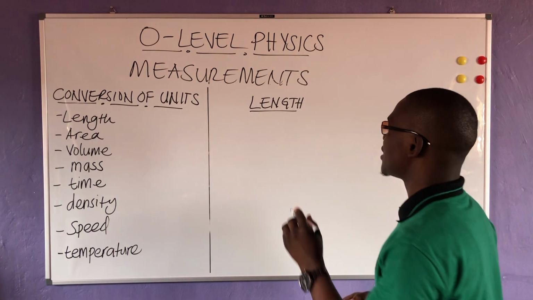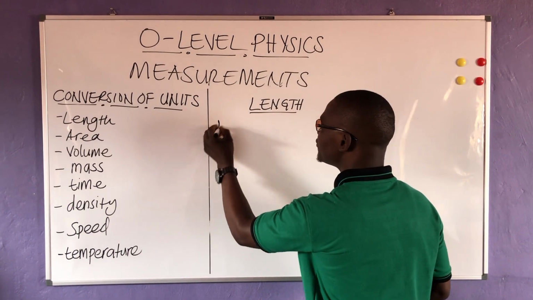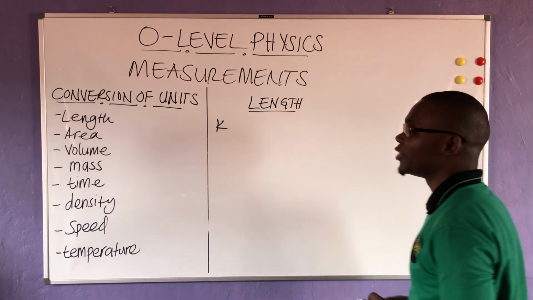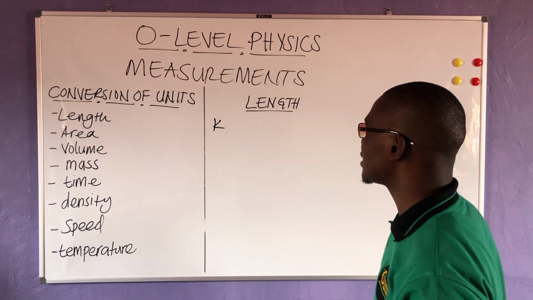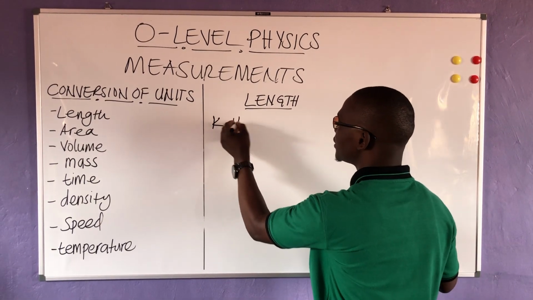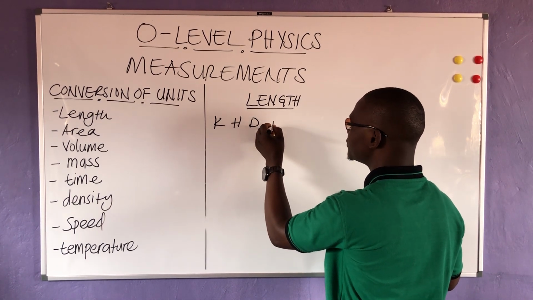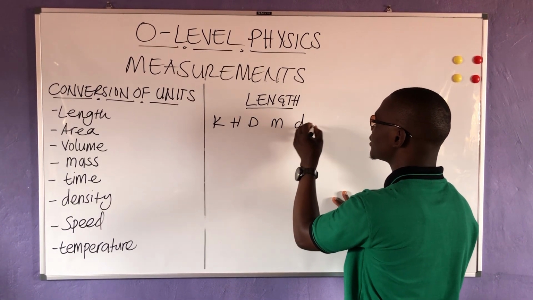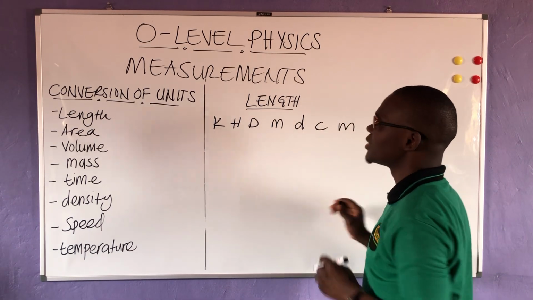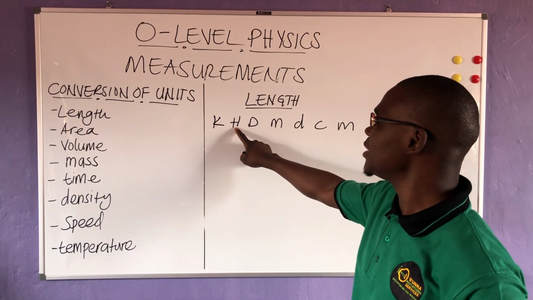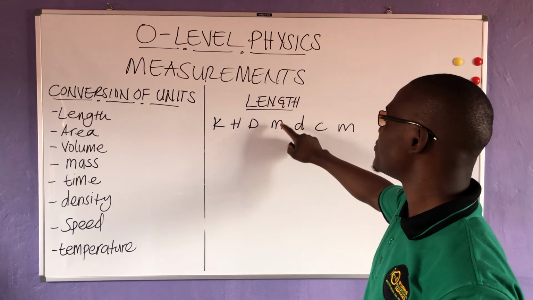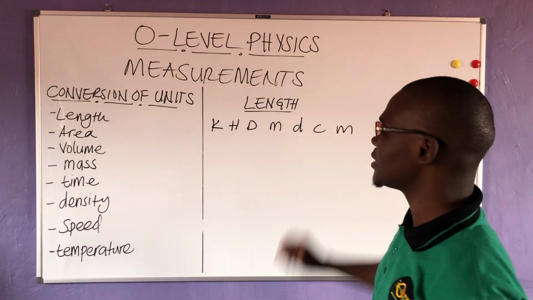We shall use the formula which we normally memorize as King Henry, your daughter Mary drank cold milk. King Henry, your daughter Mary drank cold milk.